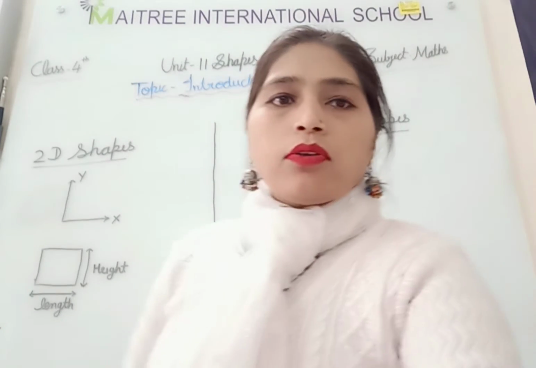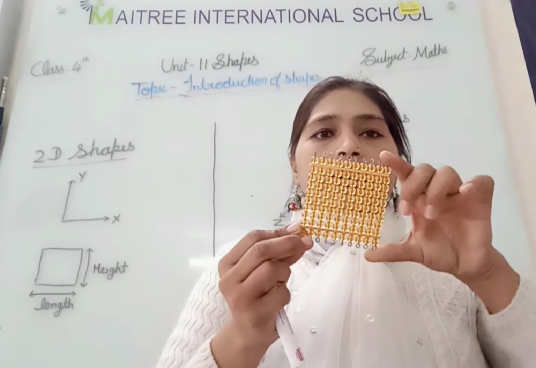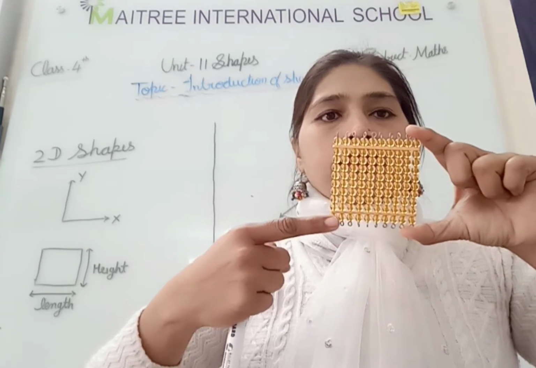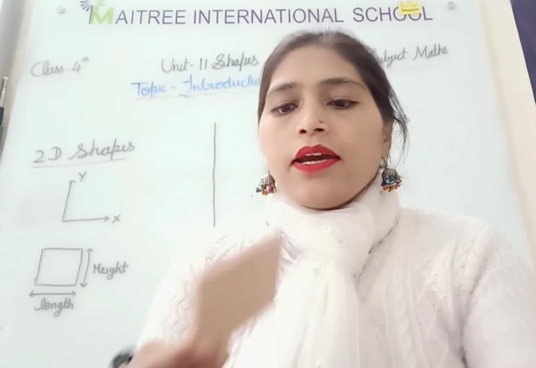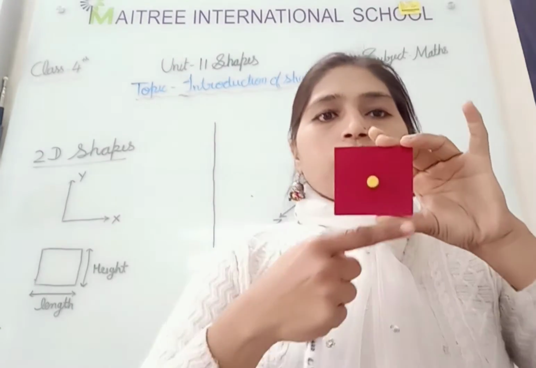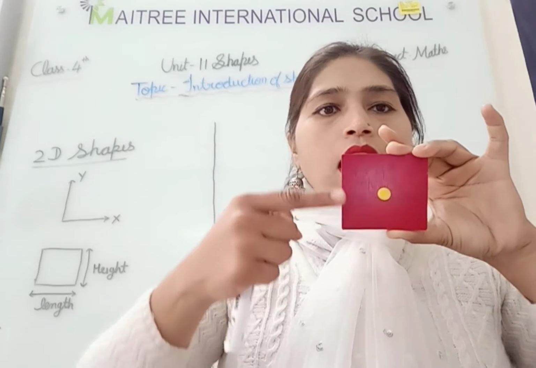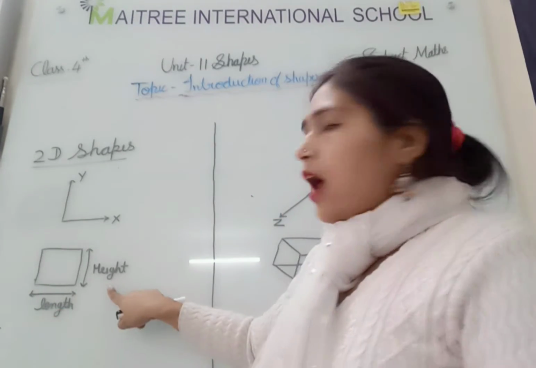If I am talking about 2D shapes, look here, it's a square. It has a length and a height, only two things here. In this square also, this is the length and this is the height. So two things are there in 2 dimension, length and height.